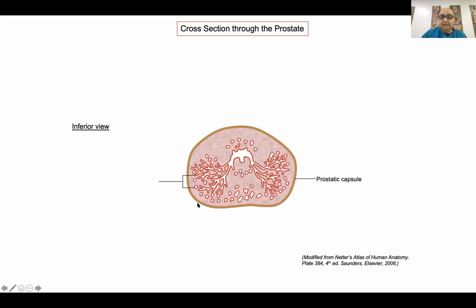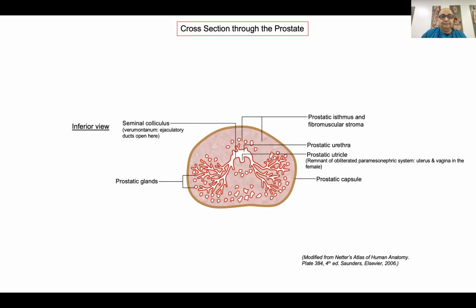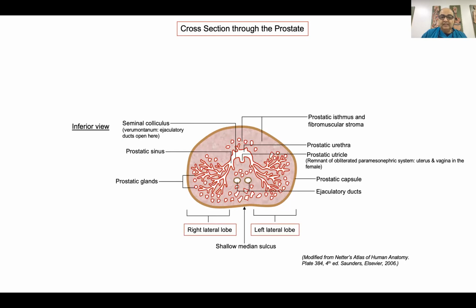We are good so far. There's no new term I have used, just on a section. The same thing on a section, what we were learning before. This is the sulcus. Now, this is the transitional zone.